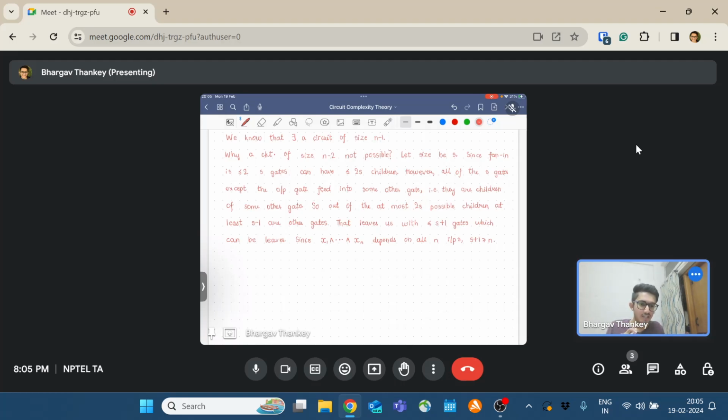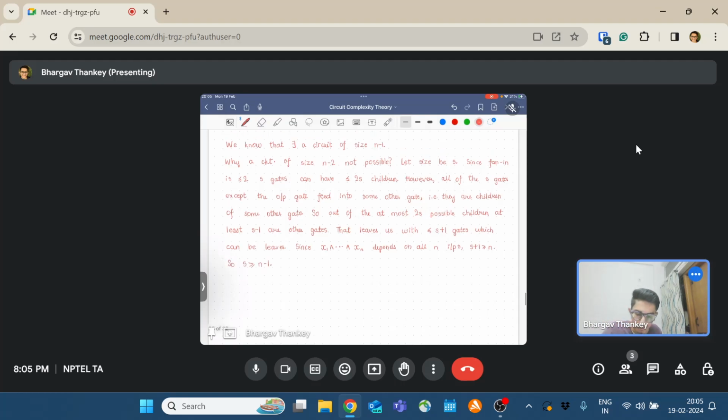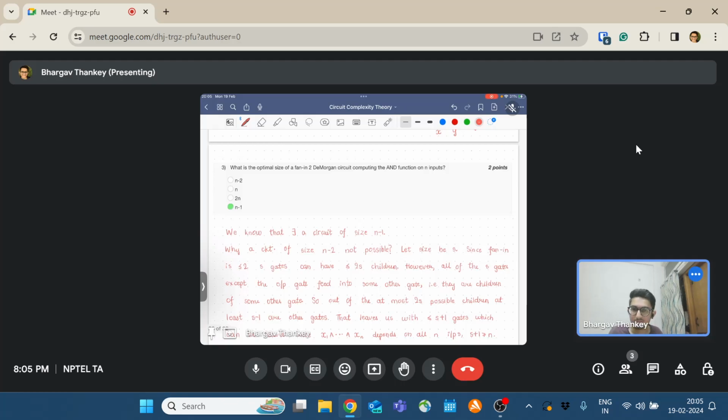Why? Because you need to read everything once, but you might read something twice, right? So it's at least n. And this implies that s is at least n minus 1. And this is exactly what we wanted, right?